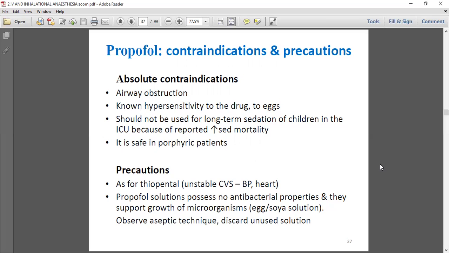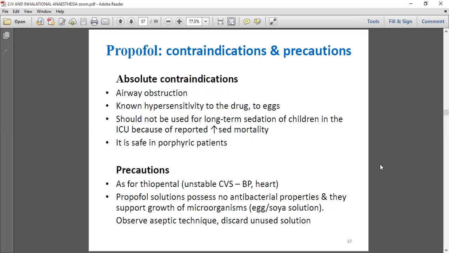But patients who have porphyria have excessive levels. When hemoglobin is broken down, they don't easily lose the porphyrin rings, so they end up with exaggerated concentrations of porphyrins. But propofol is safe in those patients.